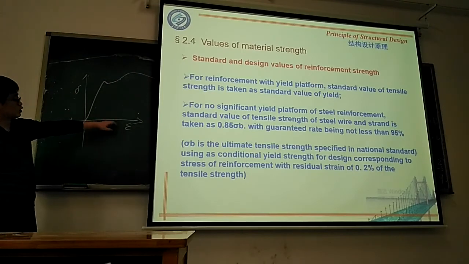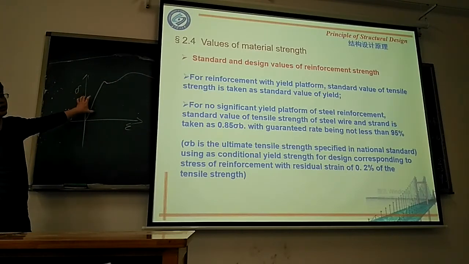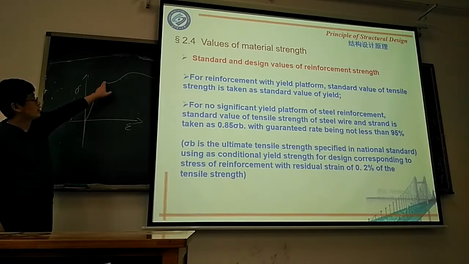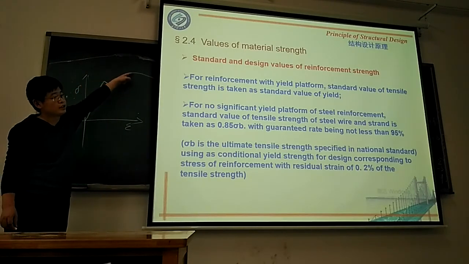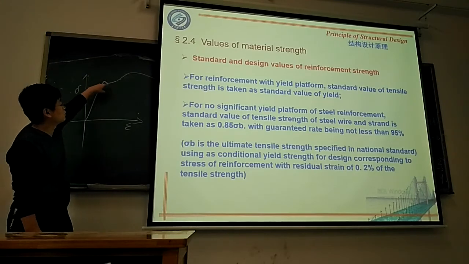This is the stress-strain curve of the reinforcement. Once you reach this yield strength, after reaching this point, there is a yield platform with strain increasing at constant stress.